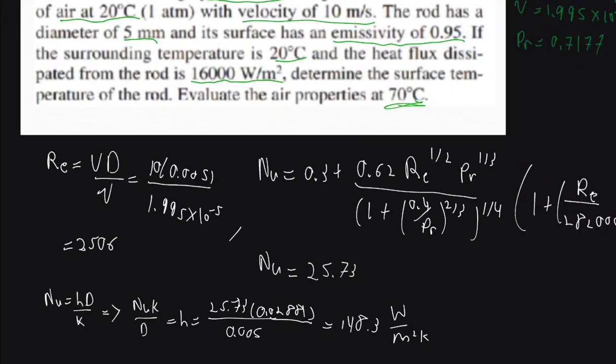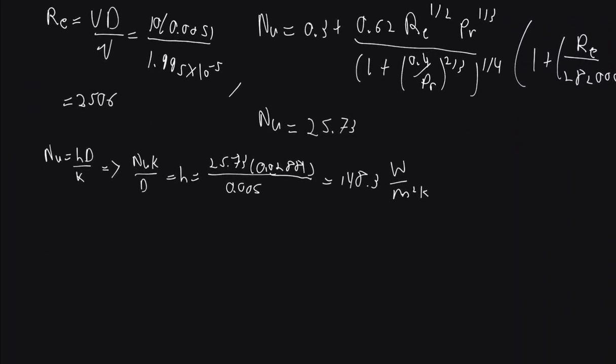We need to determine the surface temperature of the rod. So we know the total heat flux. They gave it to us. So this is Q dot total, Q dot being the per area version of big Q dot. So we add up all of the tiny Q dots, which could be from convection and radiation.